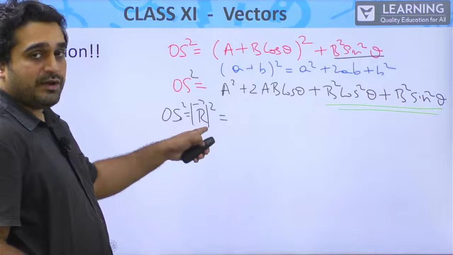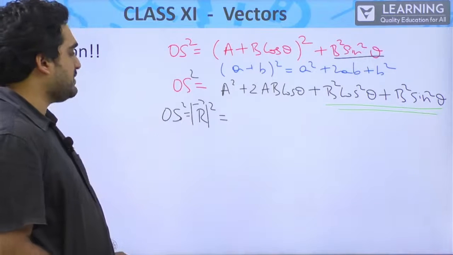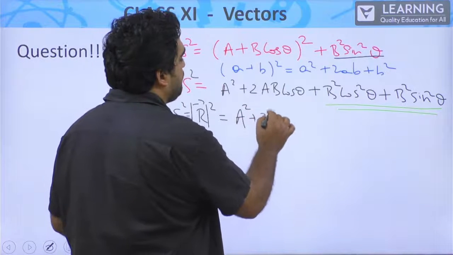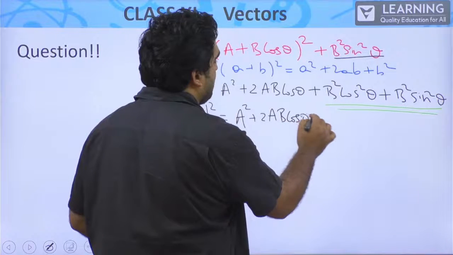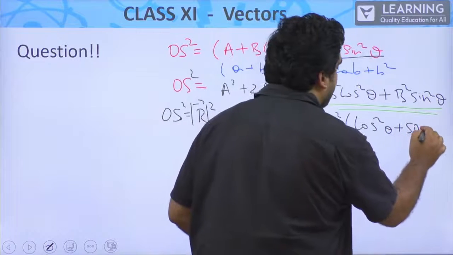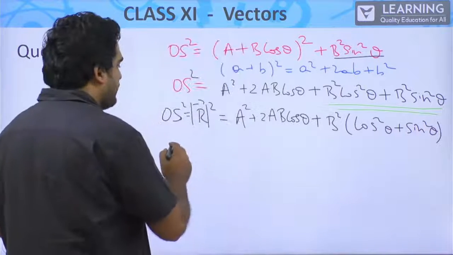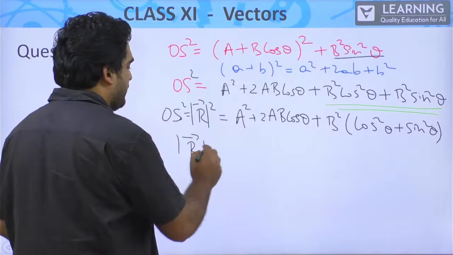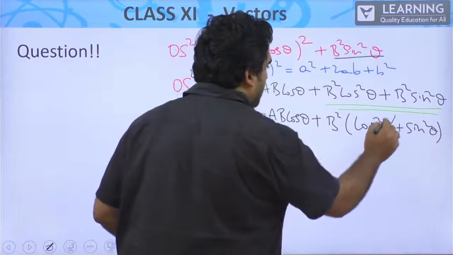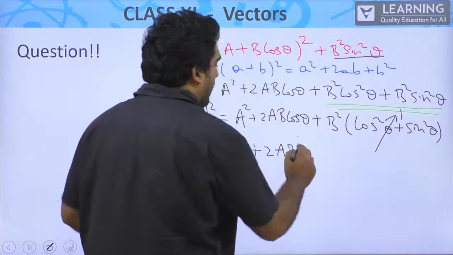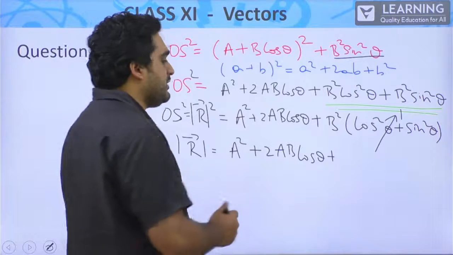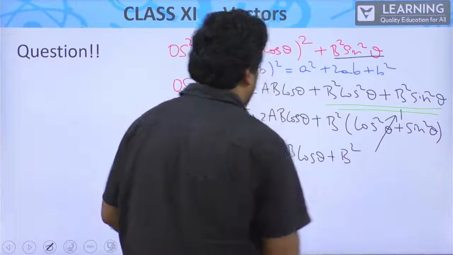So the magnitude of r vector square, meaning the length of OS represents the magnitude of r vector, is A square plus 2AB cos theta plus B square times cos square theta plus sine square theta, and cos square theta plus sine square theta is equal to 1. Why? By a trigonometry identity.